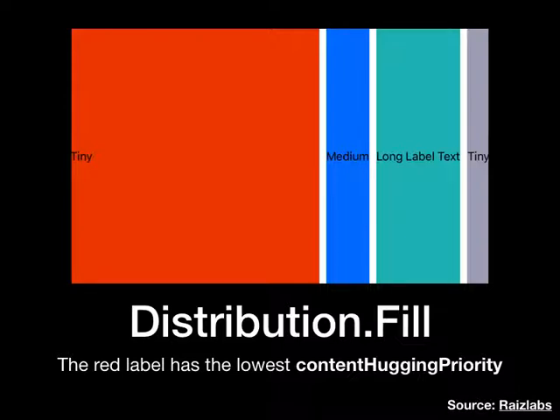You can see that the red label has the lowest content hugging priority because it's the one being stretched. It makes your view more adaptable, and I'll show an example of making your view more adaptable when I do the demo. Setting the content hugging priority, you would want to lower it to make whatever view you want stretchable actually stretch.